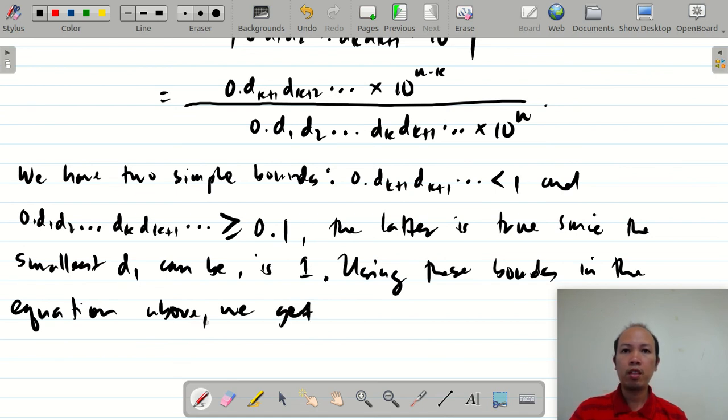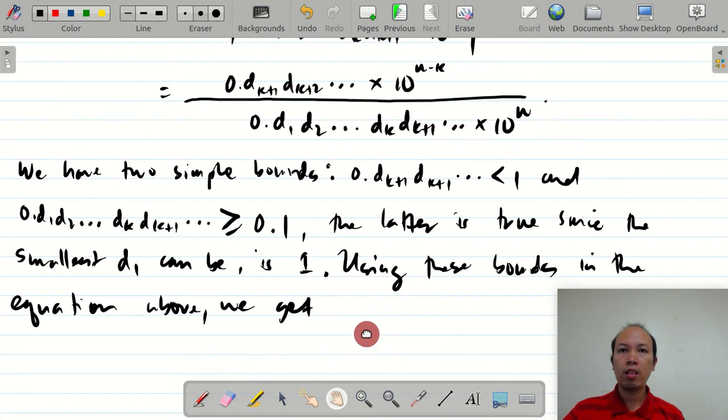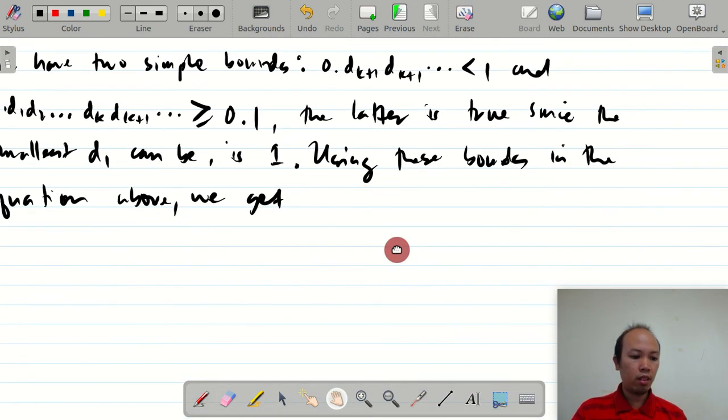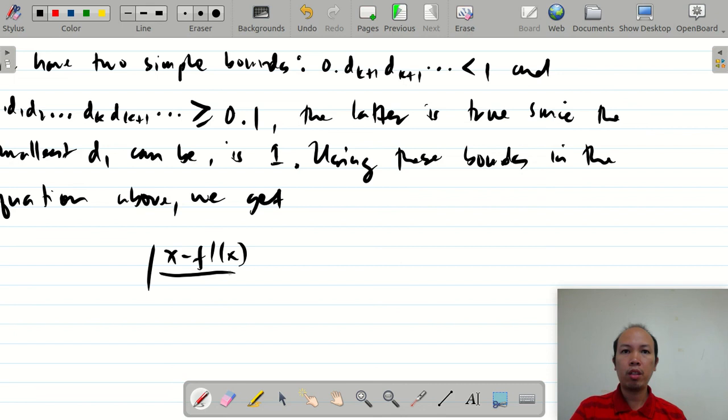We get, just plug in, the absolute value of x minus the floating point representation of x is less than or equal to: the numerator is 1, the denominator is 0.1.